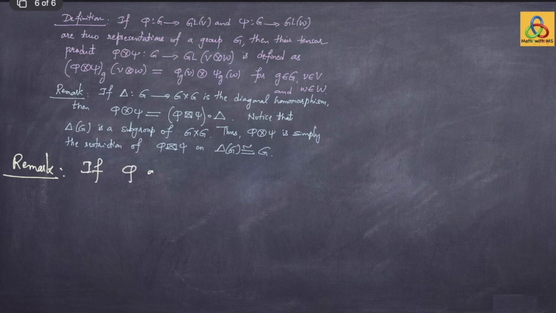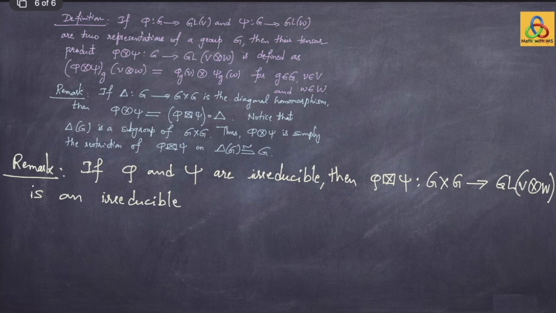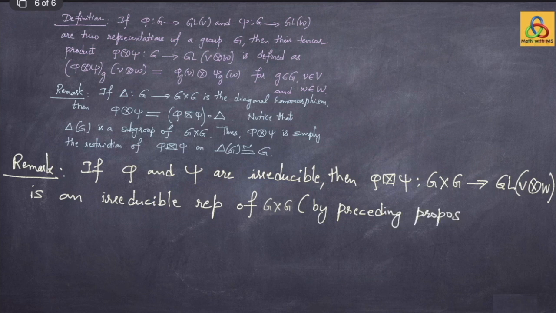Let's put one more remark here. If phi and psi are irreducible representations, then we just showed that their exterior tensor product phi exterior tensor psi, which is a representation of G times G into GL(V tensor W), is an irreducible representation of G times G. But the tensor product of two representations is not irreducible in general.